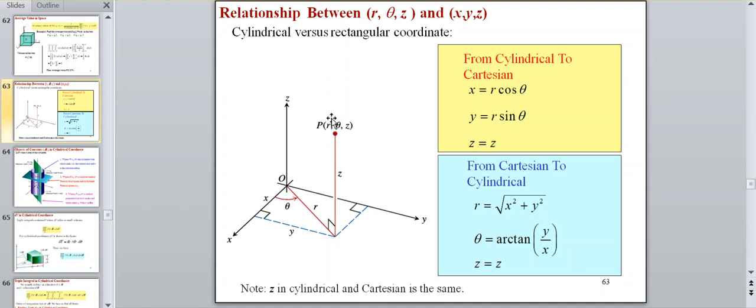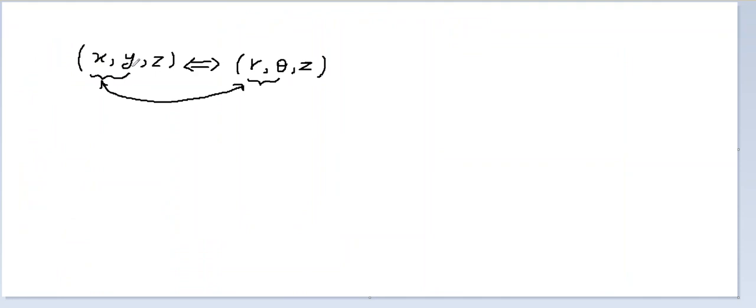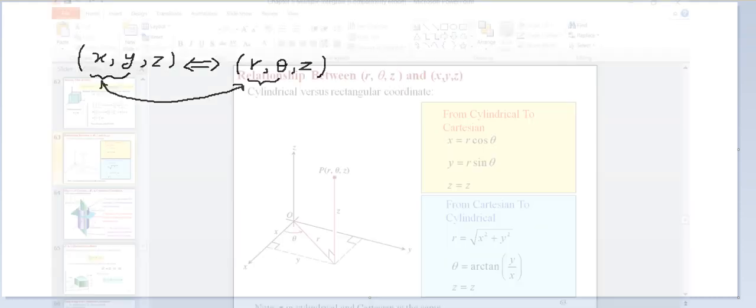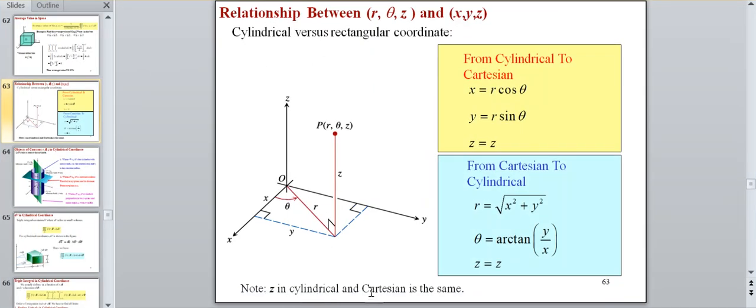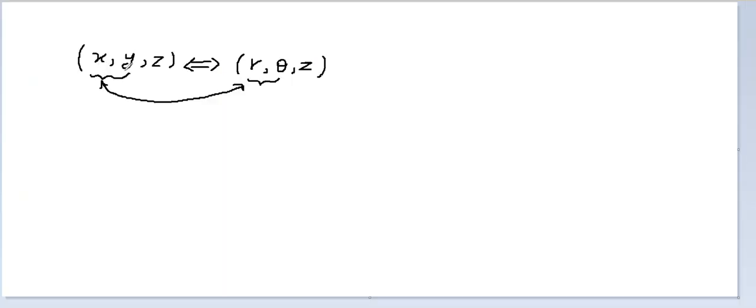This point is x, y, z, it drops here, xy is converted to r and theta, then back to its place it becomes r, theta, z. Only xy is converted to r and theta, z is the same. It means z in the cylindrical and Cartesian coordinate systems is the same. We just convert x and y to r and theta, or conversely r and theta to x and y. Z is the same.